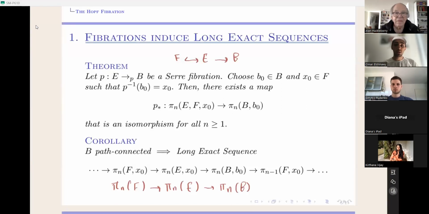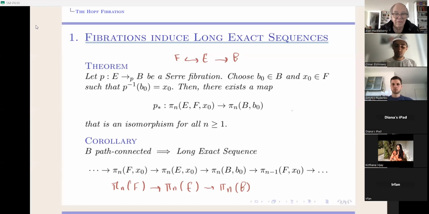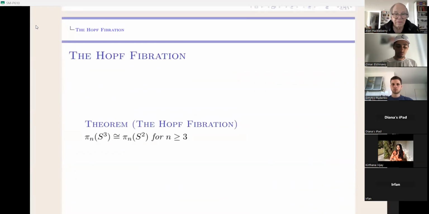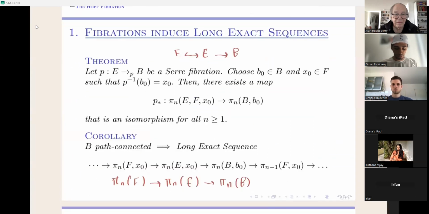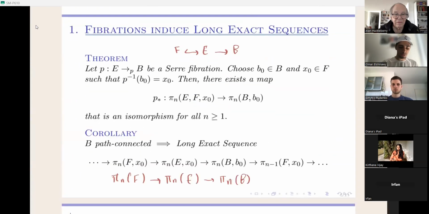And this is the tool that we'll be using to prove this non-trivial statement about homotopy groups of spheres, specifically S3 and S2. And of course, this sequence is exact. We'll talk about that in a moment. And this is the first ingredient we will need for the setup.